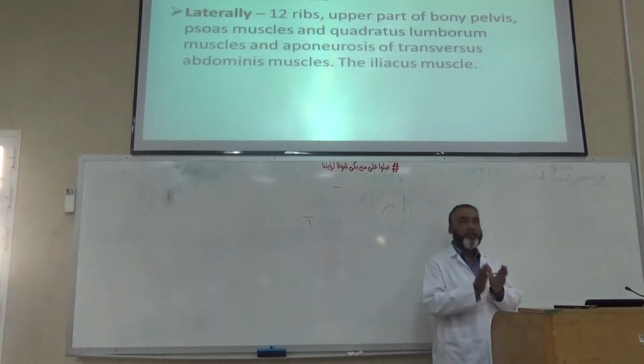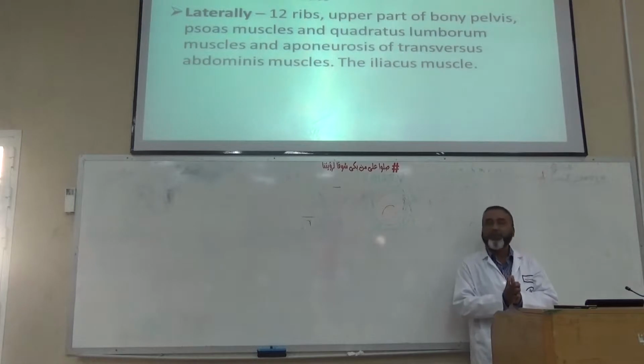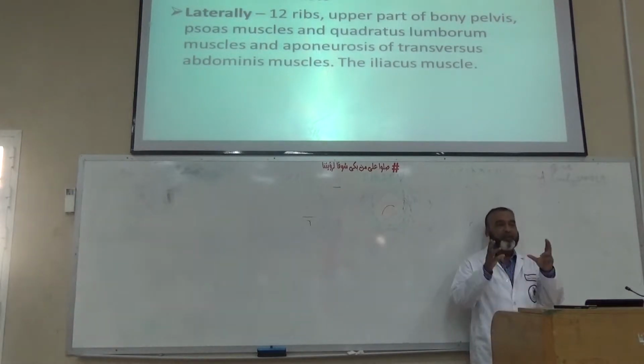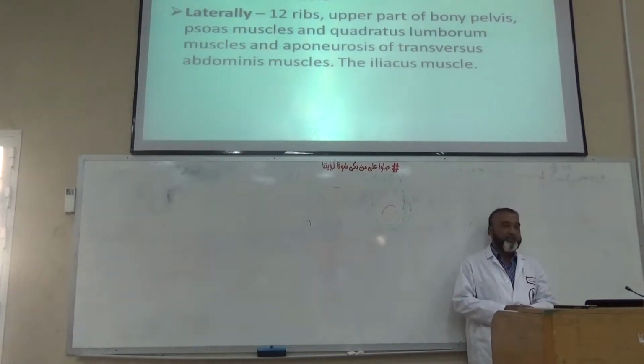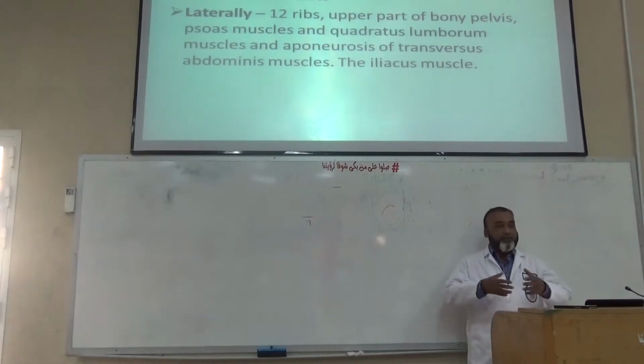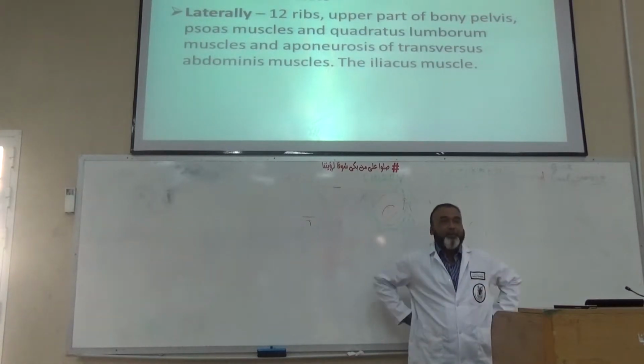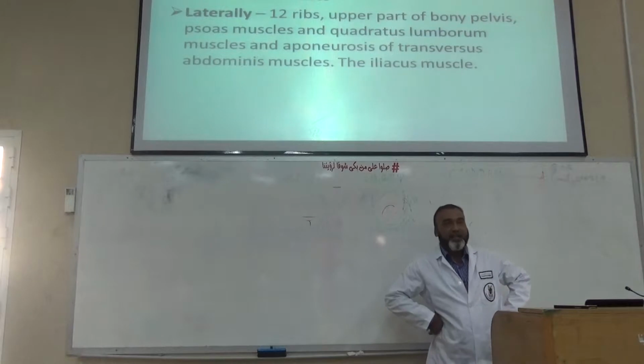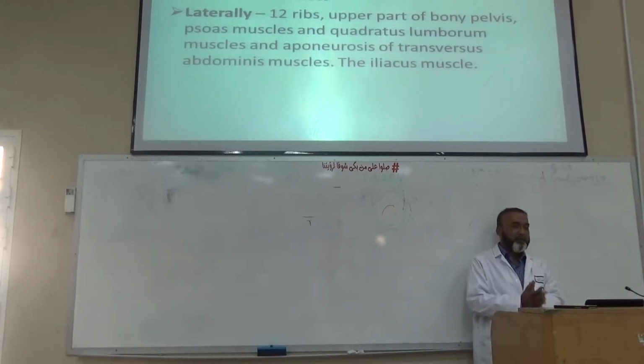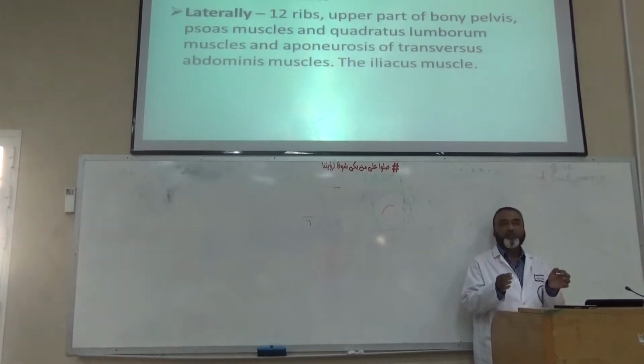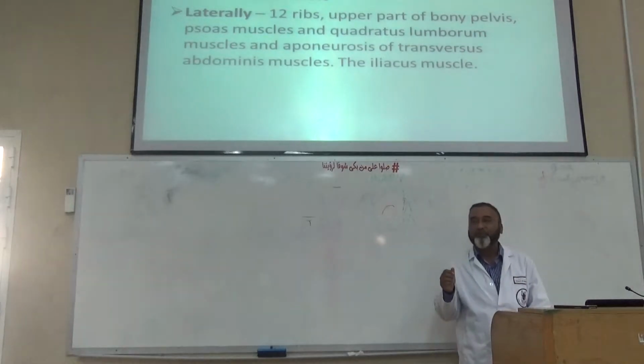So in the midline we have the 5 lumbar vertebrae with the intervertebral disc between them, plus we have the muscles which are from the back moving towards the lateral side. The one which is just in the posterior aspect is the last pair of ribs, which is named the 12th rib.